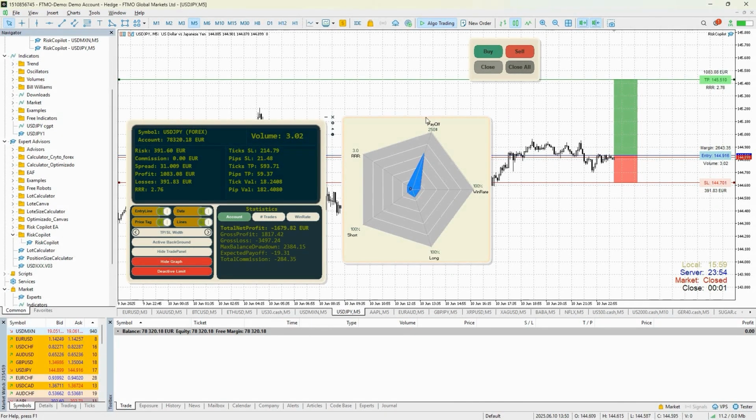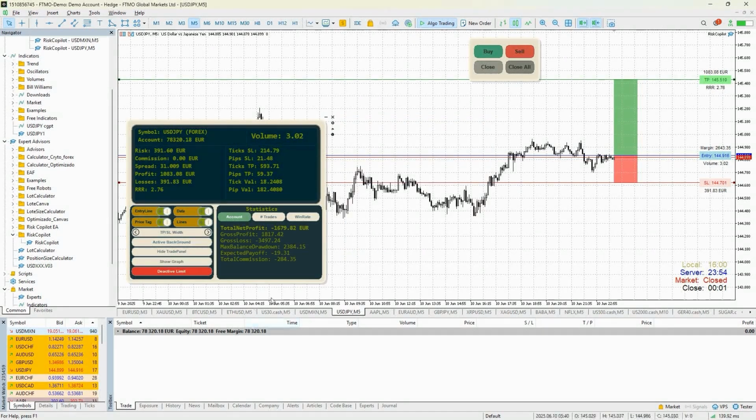How much is the expected payoff, out of your pocket? What is the percentage of your win rate from 0 to 100? What is your percentage of winning long trades? What is your percentage of winning short trades? And what is your RR, your risk-reward rate? I have it from 0 to 3.